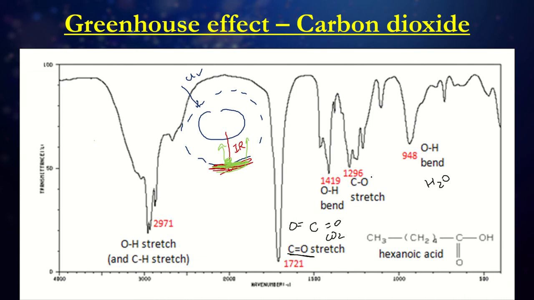You can also see that there are multiple absorptions of the same bond type, because of the different types of vibrations. The reason greenhouse gases are so crucial in our understanding is their ability to absorb infrared radiation.